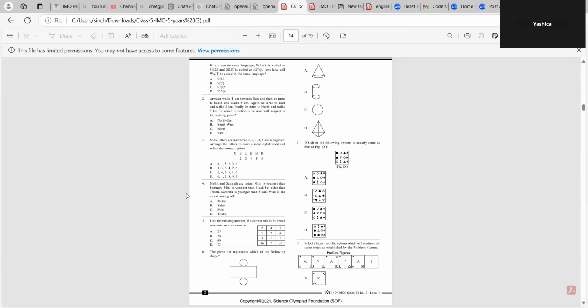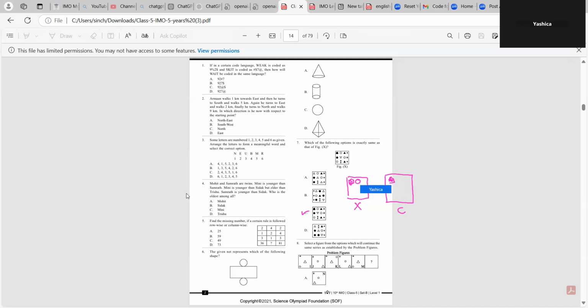Ma'am, 7 is option C, because if we compare figure X and C. First is this pentagon which is there in both of them.